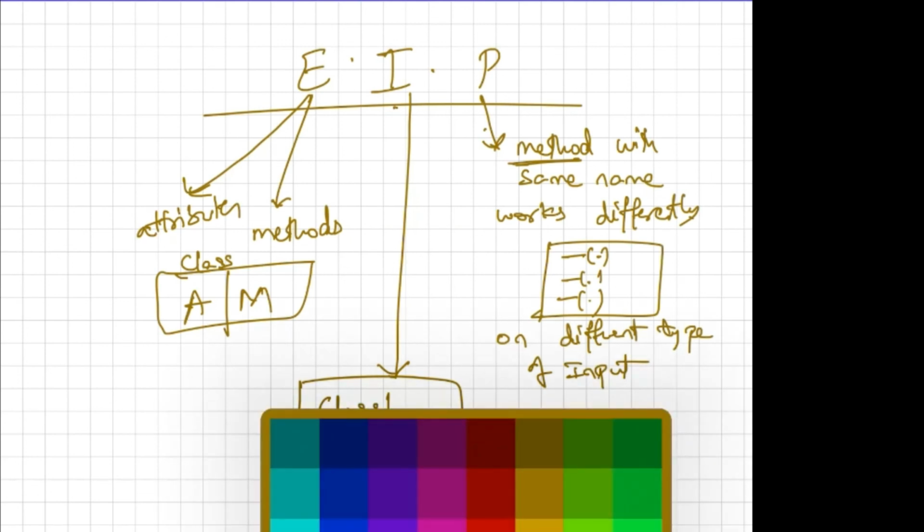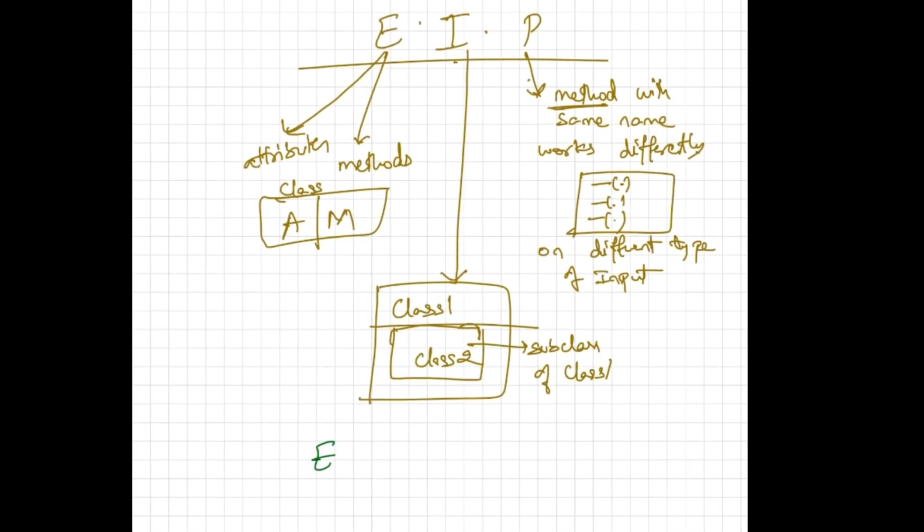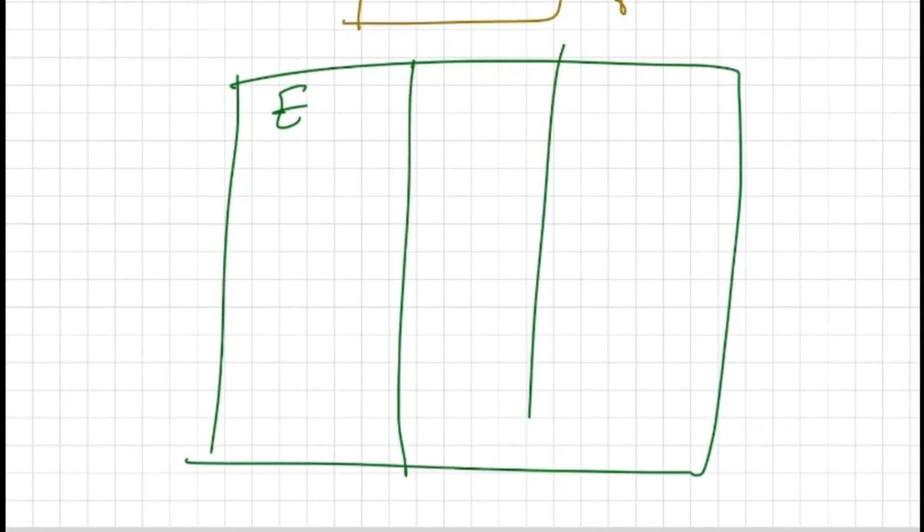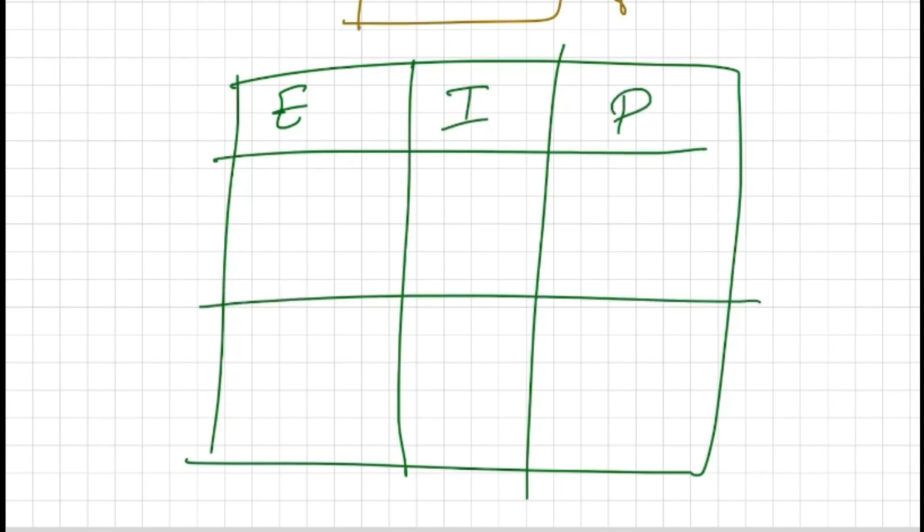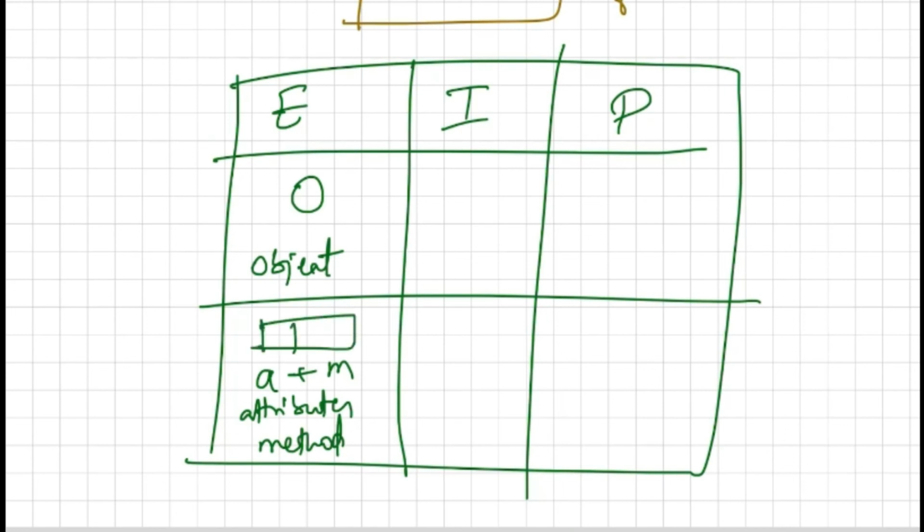Okay, so let's discuss this again. Let's make a box to understand how each is related to one another: encapsulation, inheritance, polymorphism. Encapsulation is for an object, because an object has encapsulation of attributes and methods. The object has both in it, attributes and methods, because they are derived from the class.